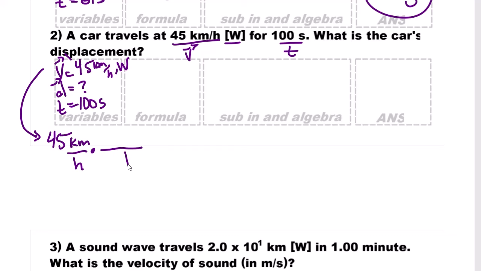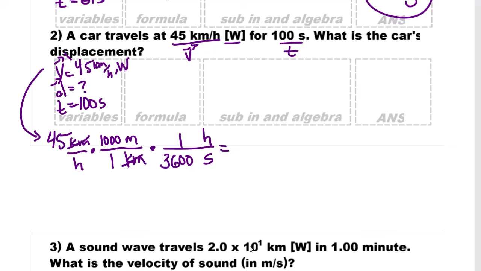So if I want them to cancel, I need to put them on the bottom, and I want to turn them into meters. Now, how many meters are in a kilometer? Well, there are 1,000 meters in 1 kilometer, and that's going to cancel my kilometer unit. That would give me meters per hour, but I want meters per second. So I need to get this hour to cancel. So it needs to go on the top so that it's going to cancel with itself here. I want to turn them into seconds, and I know that there are 3,600 seconds in 1 hour.